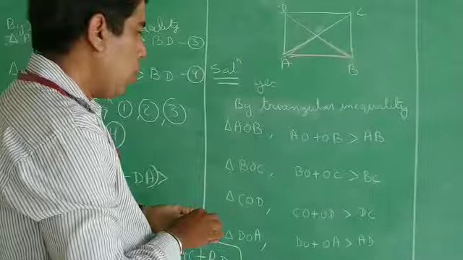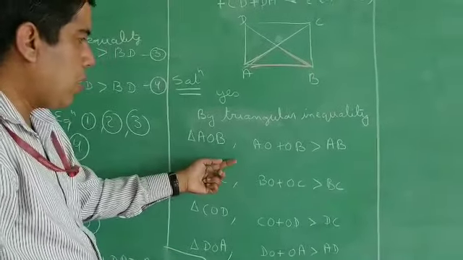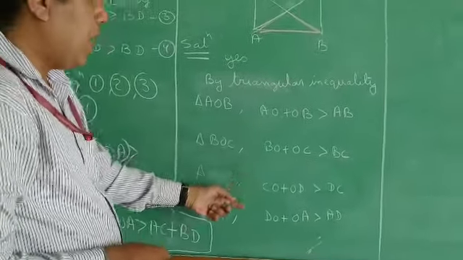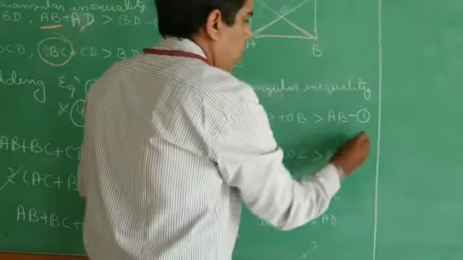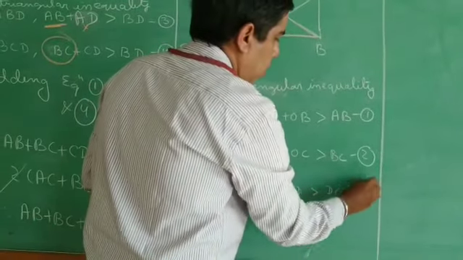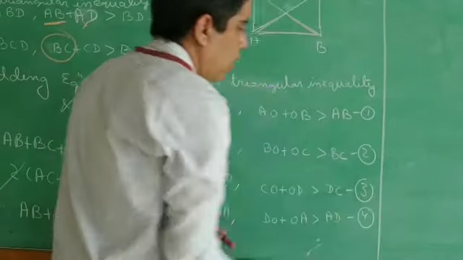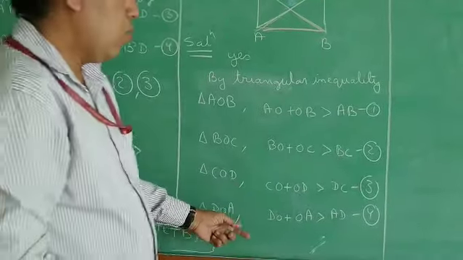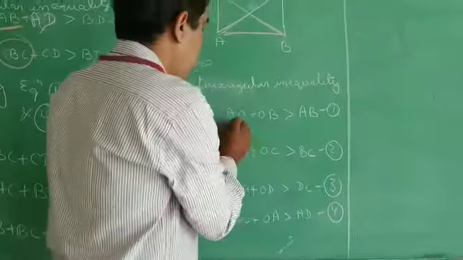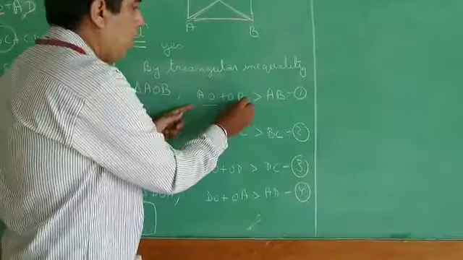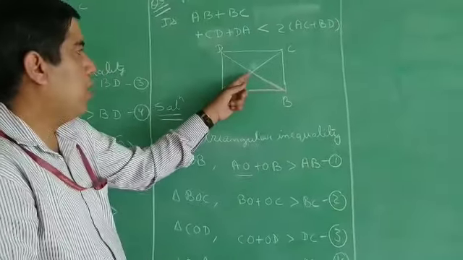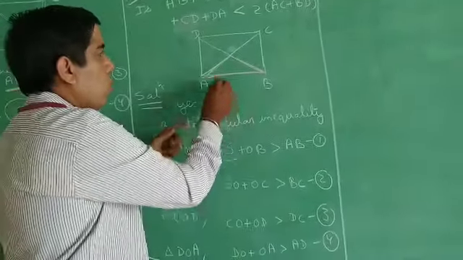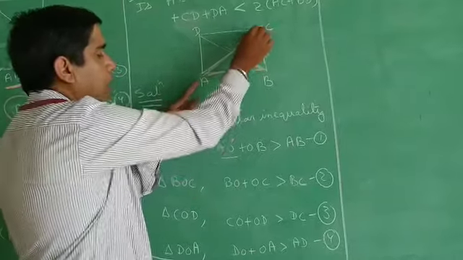Now, by triangular inequality, we got the result. Now, by adding this equation 1, I am going to add this equation. You can see now, it comes here AO plus OB, AO plus OB. Now you can see AO plus OC is how much? It is AC.